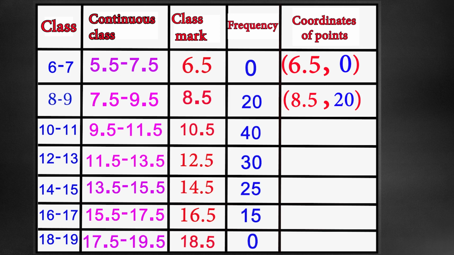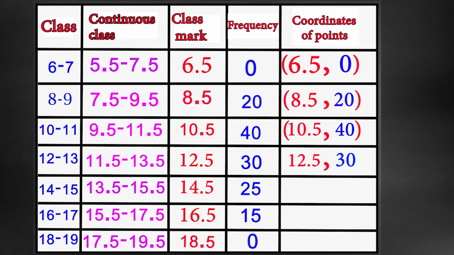Row 3 class 10 to 11, continuous class 9.5 to 11.5, class mark 10.5, frequency is 40 and coordinates of point are 10.5 and 40.